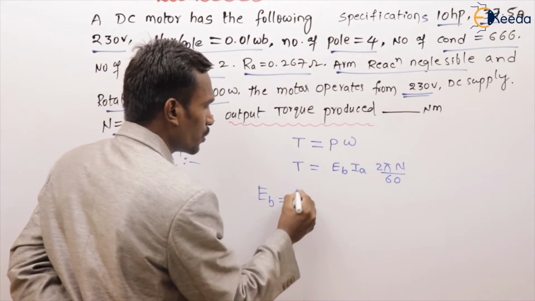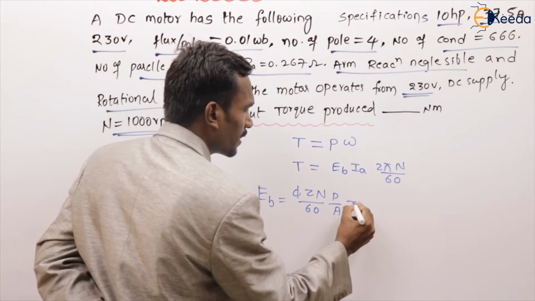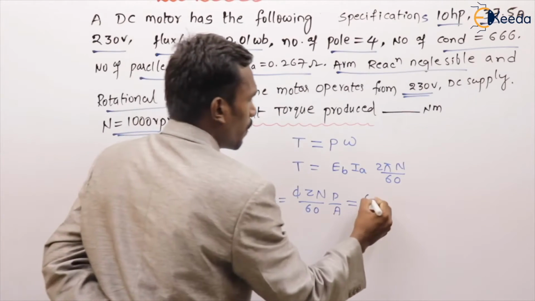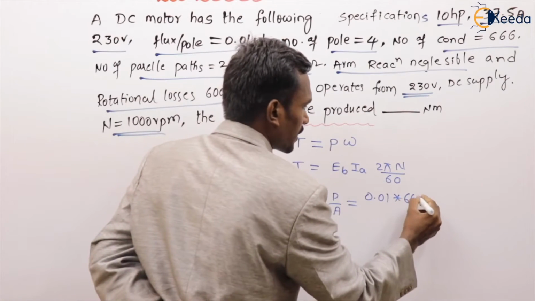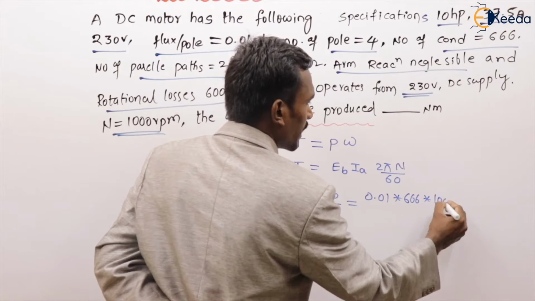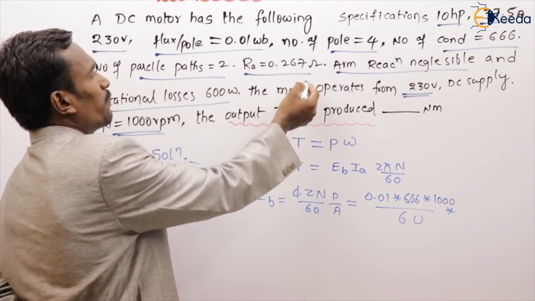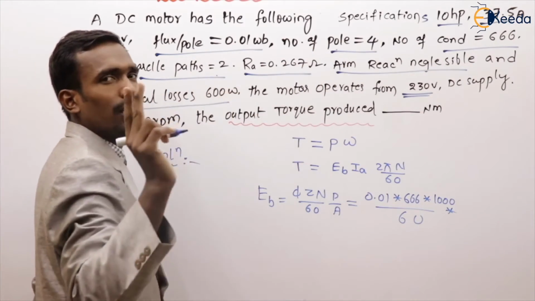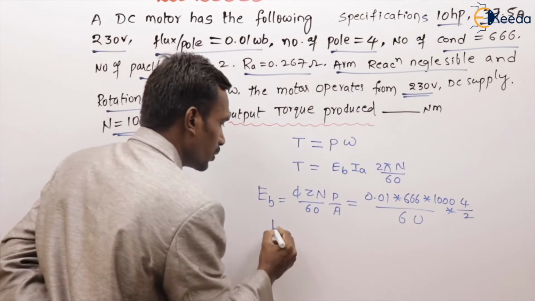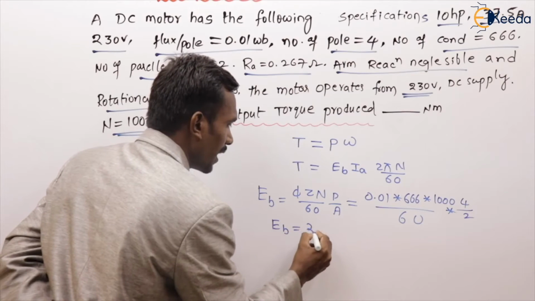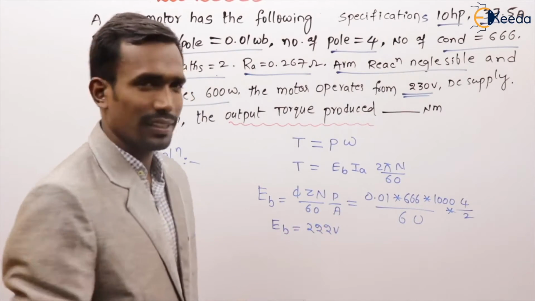EB is equal to phi z n by 60 into P by A. Phi is 0.01 Webers multiplied with number of conductors 666 multiplied with speed 1000 divided by 60 into P by A. Number of poles is 4 and number of parallel paths is 2, so 4 by 2. If you calculate this, you get the EB value 222 volts.